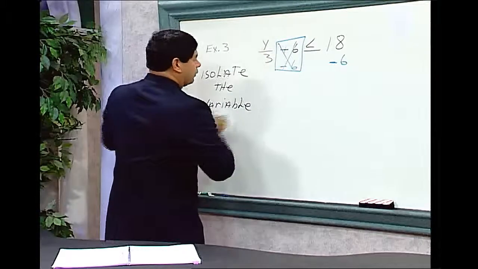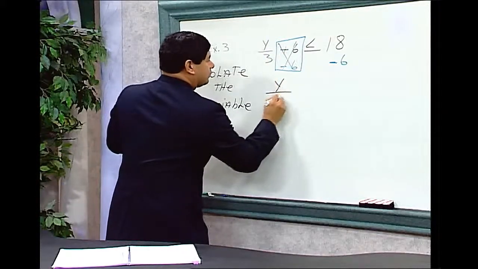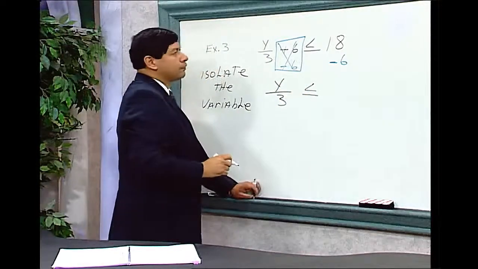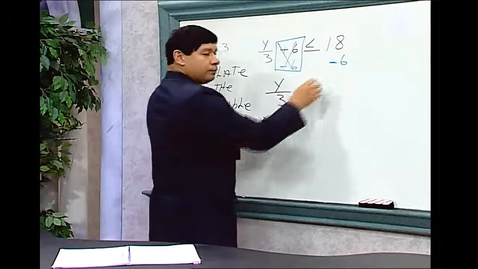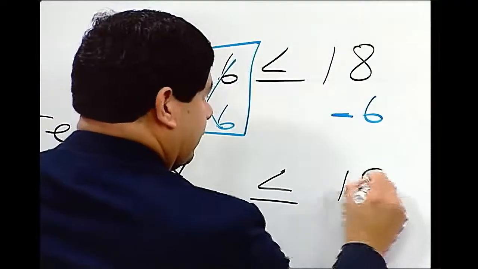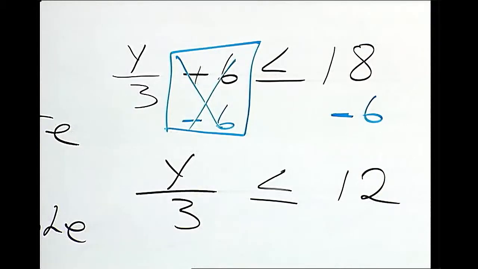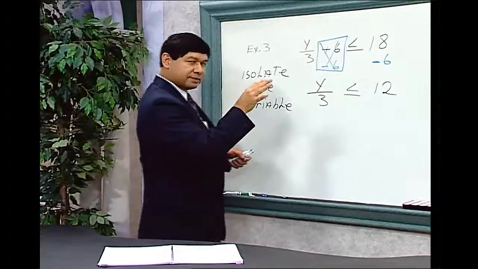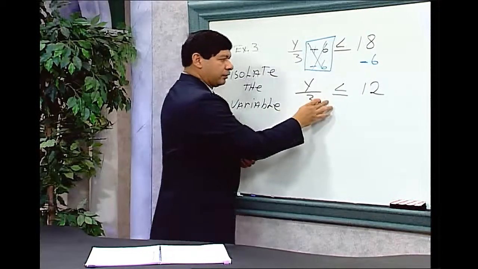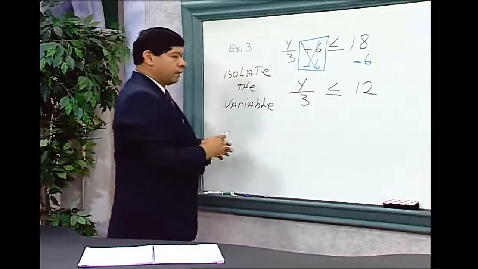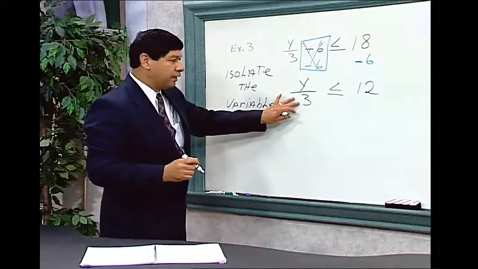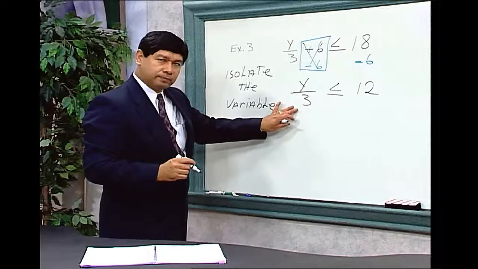So now we're left with y divided by 3 is less than or equal to 18 minus 6, which is 12. Okay? And again, let's ask ourselves, what are we asked to do here? Some number divided by 3 is less than or equal to 12. Well, we know that to isolate our variable, in this case we have a denominator of 3.